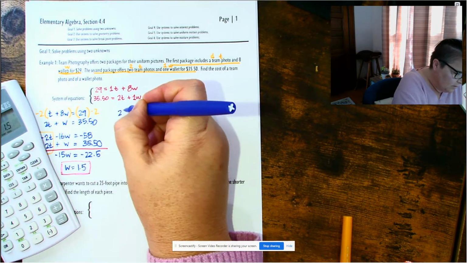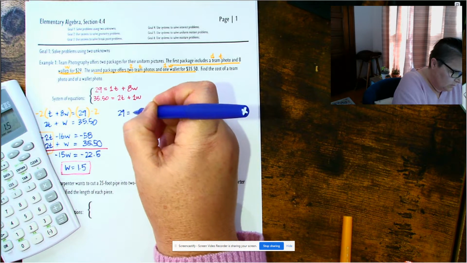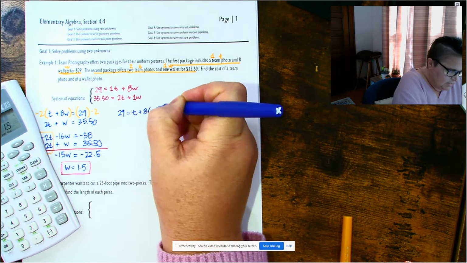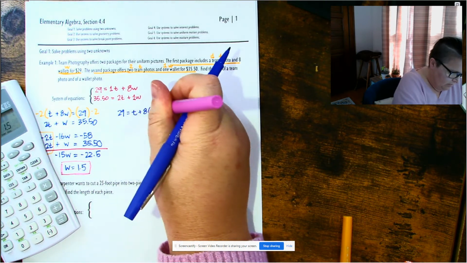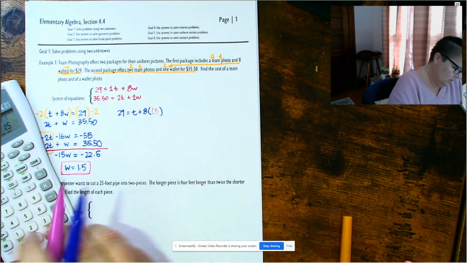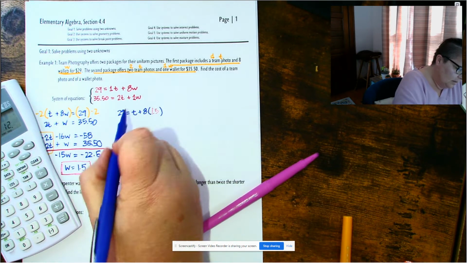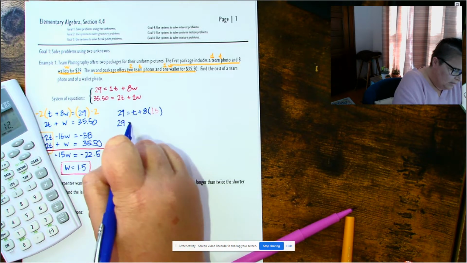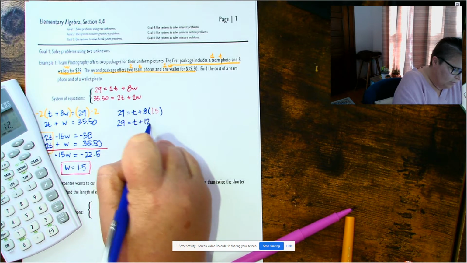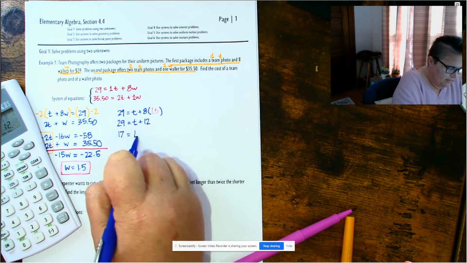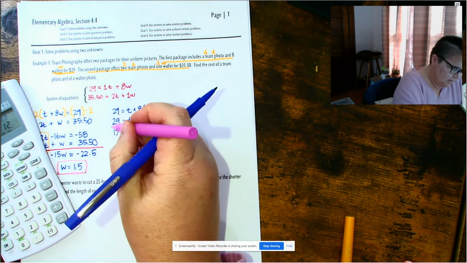So as it's written, 29 is equal to t plus 8 times that 1.5. So 1.5 times 8. So 29 is equal to t plus 12. Subtracting 12 from both sides, I get that 17 is my t.